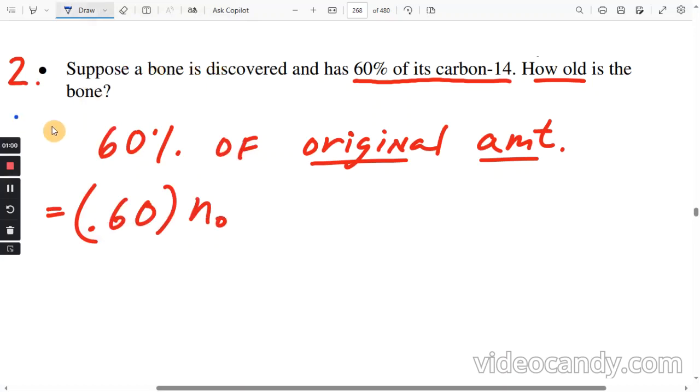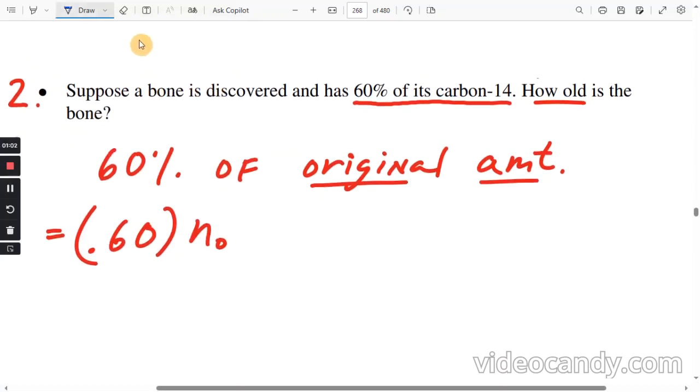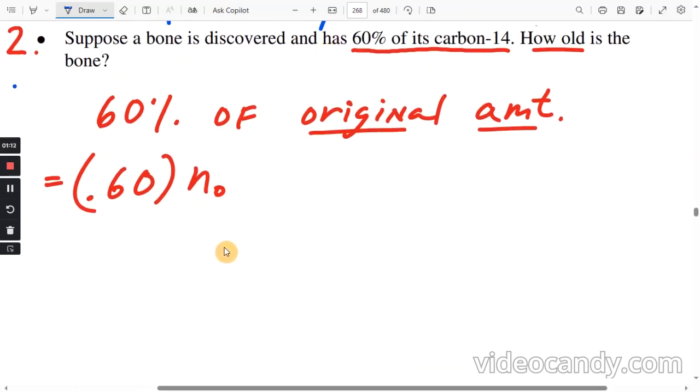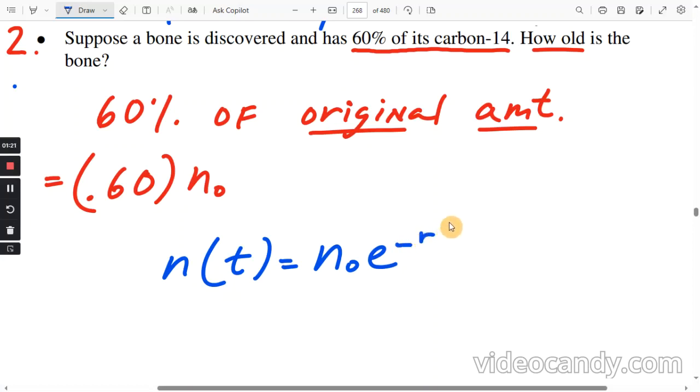As usual, this is a population decay, so our tried and true formula: N of t equals n sub 0 times e to the negative rt.